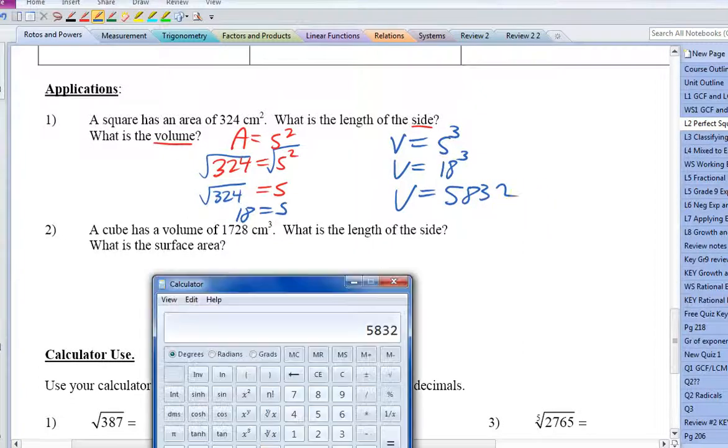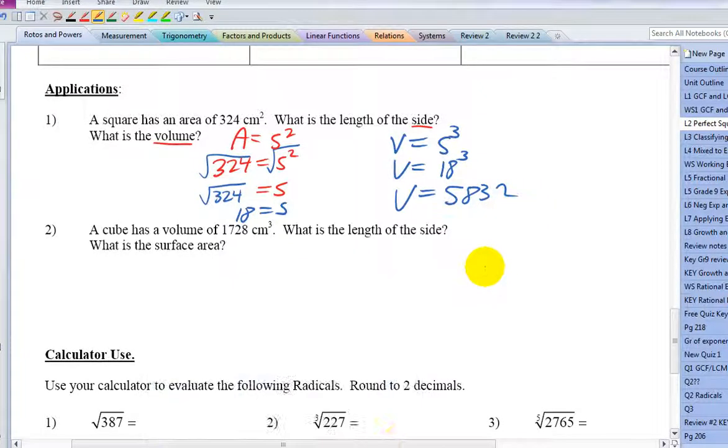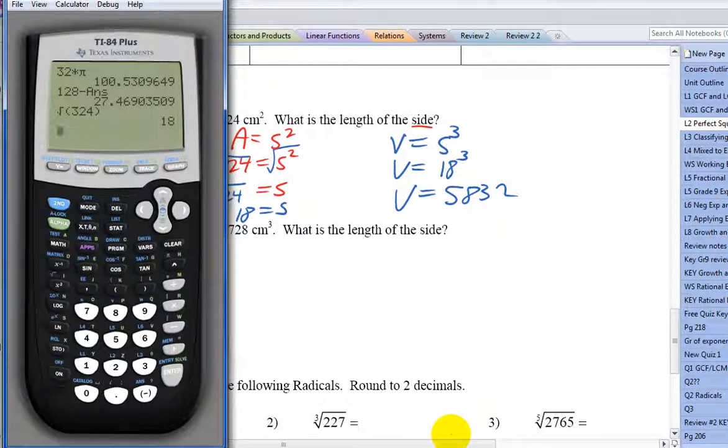With a new calculator like a graphing one, you want to hit the little hat button. So this would be 18 exponent 3 enter. 5832.